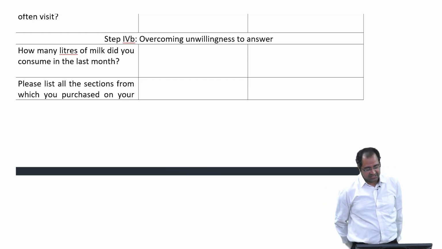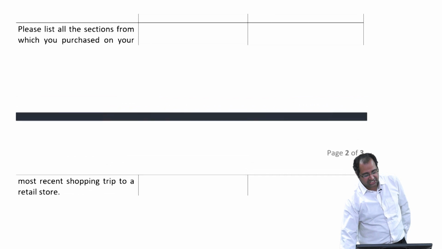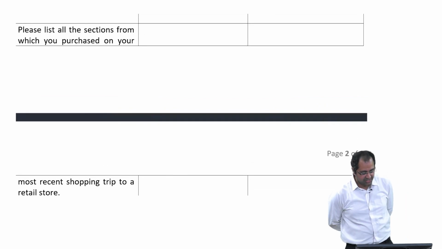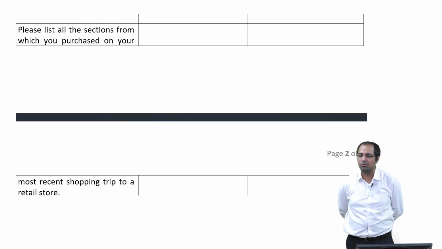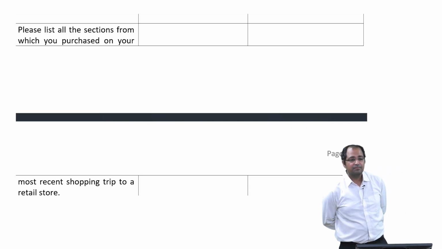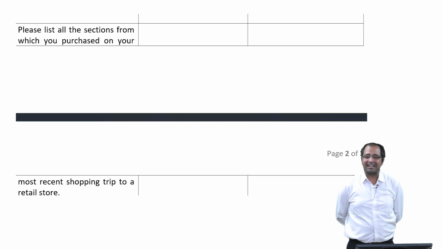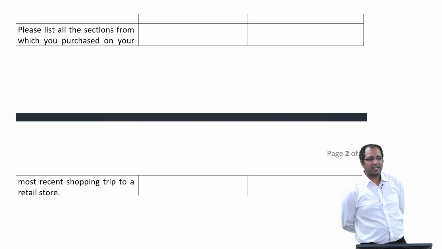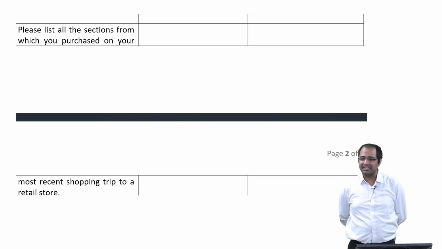The next one is, please list all the sections from which you purchased on your most recent shopping trip to a retail store. What is the problem? Take somebody who comes to IIT: please write down all the locations you went to inside IIT when you visited.